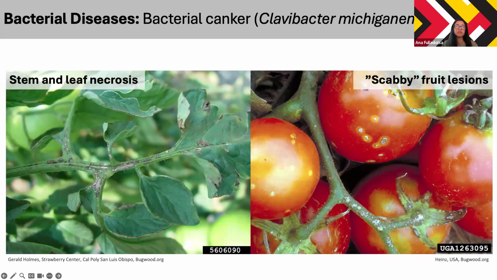The other disease that I've seen this year is bacterial canker. It tends to cause fewer leaf lesions, but a characteristic symptom of this disease are these necrotic spots or lesions on the stems and the petioles.